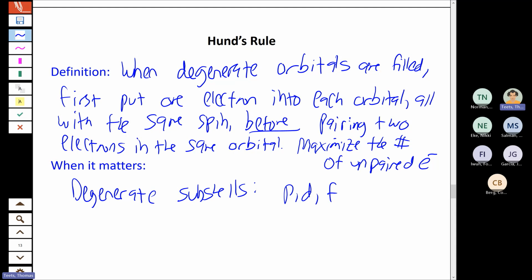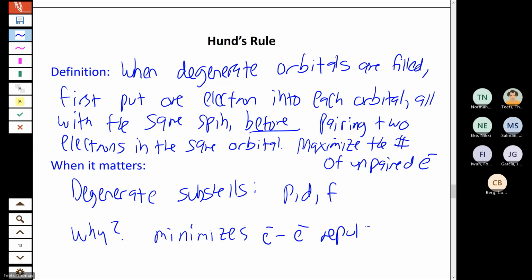And as I hinted, why does Hund's rule even occur? It's because we want to minimize electron-electron repulsions. That's the most important part for us to understand. Basically, by following Hund's rule, you're spreading out the electrons as much as you can within that subshell, not forcing them to be too close together.